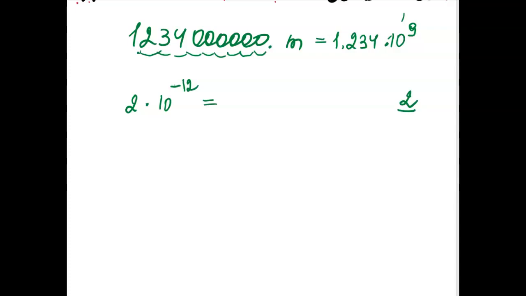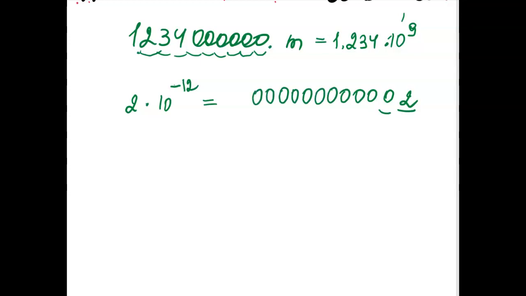And now I need 12 spots altogether before the decimal point, right? So instead of spots, I will put zeros. Let's recalculate.